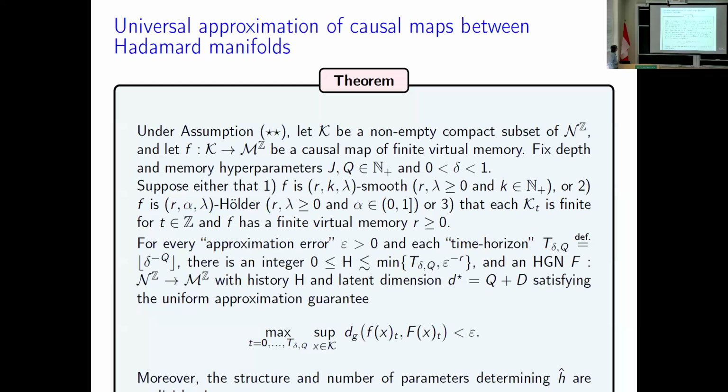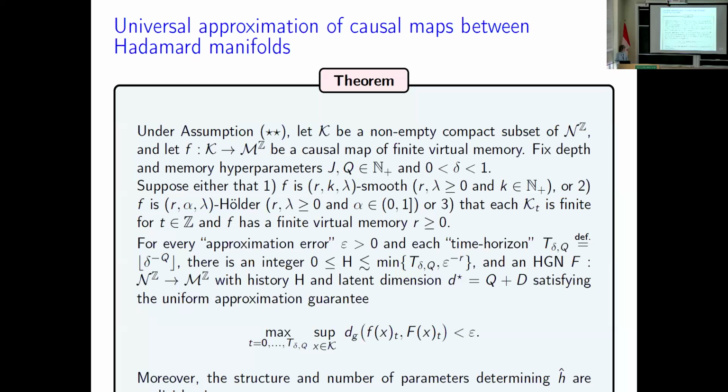I'm not going to go into all the details, but the main point is that we have this estimate, where this function f is the previous causal map of virtual memory, and this capital F is this hypergeometric network that is able to approximate our function f with an error that is less than epsilon.